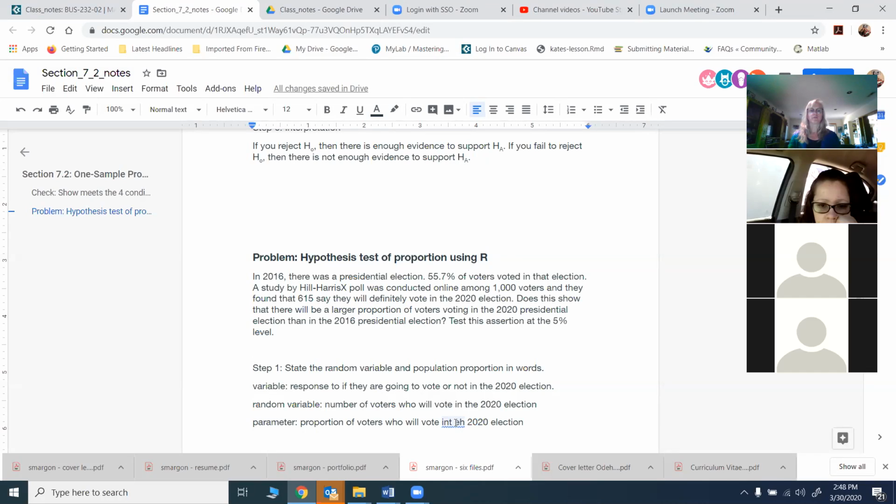The other thing to notice is that my random variable was the number of voters, and notice all I did was take off number and replace it with proportion of voters. So these are exactly the same, except that the word number changed to proportion.